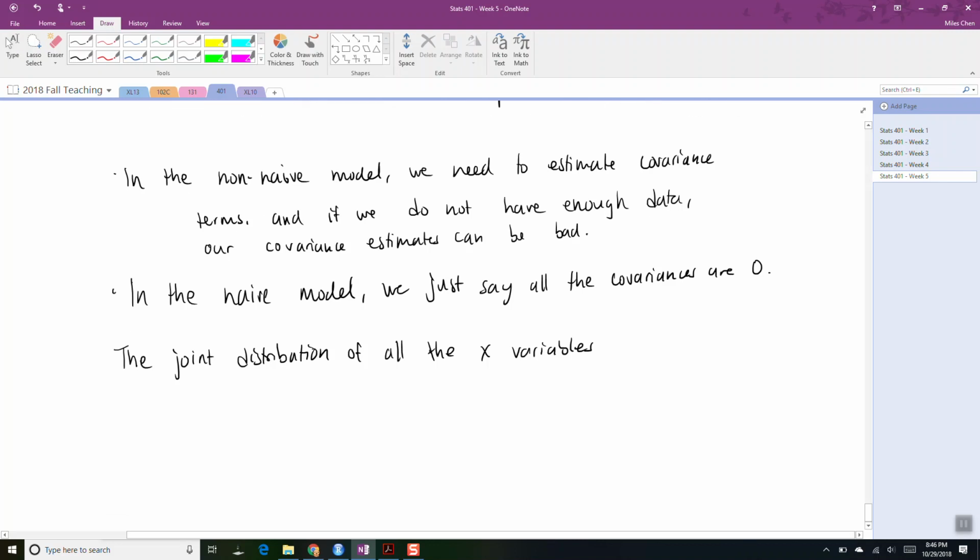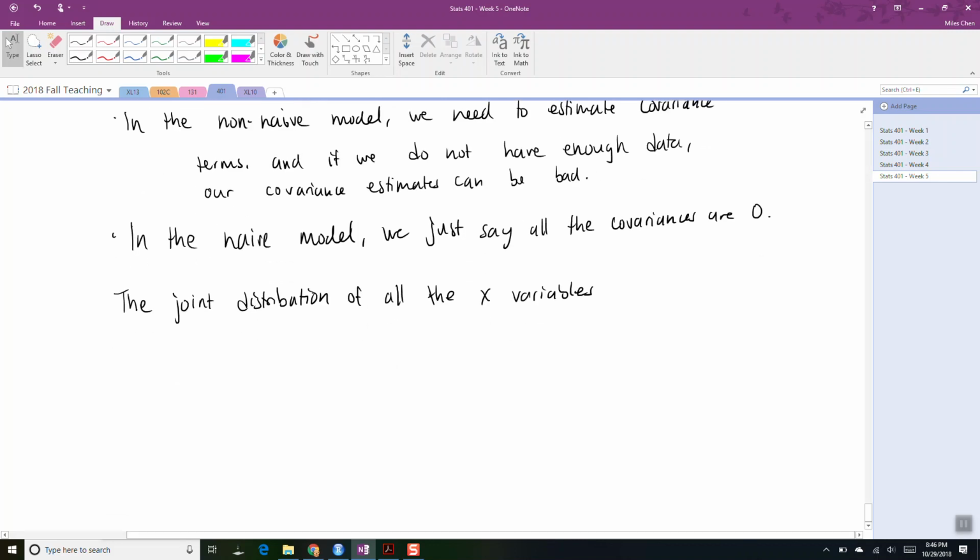So it also simplifies our computations. We don't have to worry about this crazy multivariate distribution. The joint distribution of all the x variables becomes the product of univariate distributions.